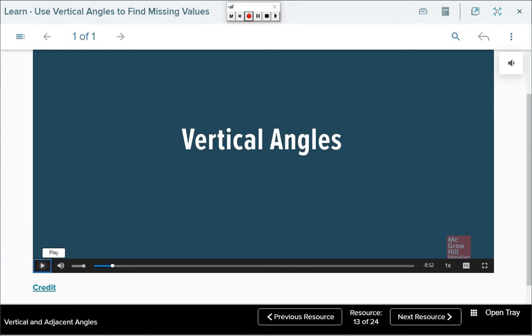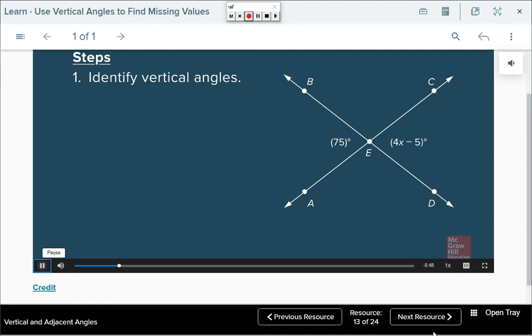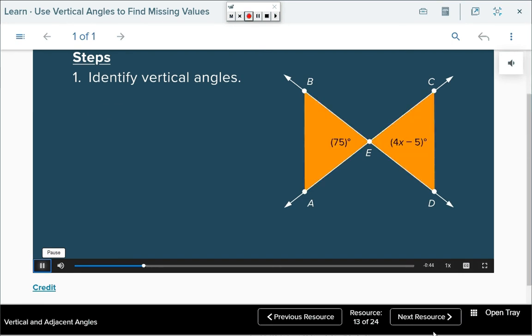Vertical angles are opposite angles formed by a pair of intersecting lines. Angle AEB and angle CED are vertical angles.